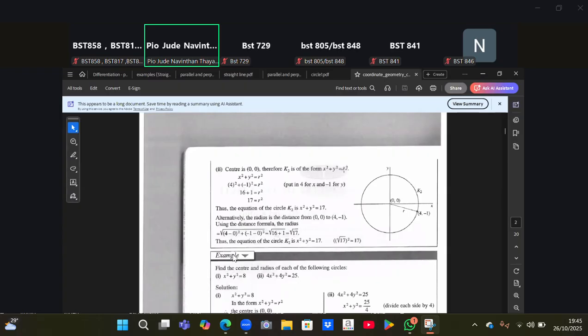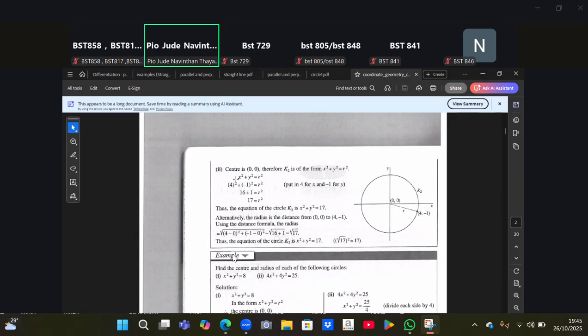If we substitute the values, the only unknown is r. x is equal to 4 and y is equal to minus 1.